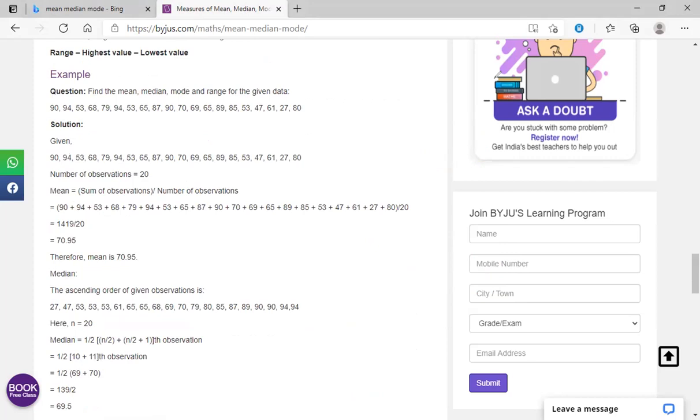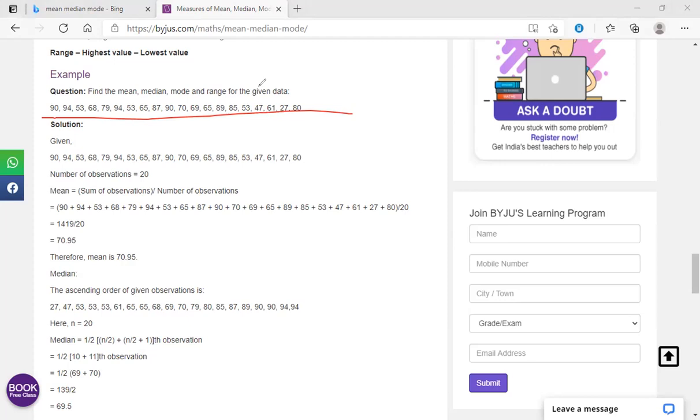Suppose we have this example, this one. This is the data, and we have to find the mean, median, mode, and range of the given data.